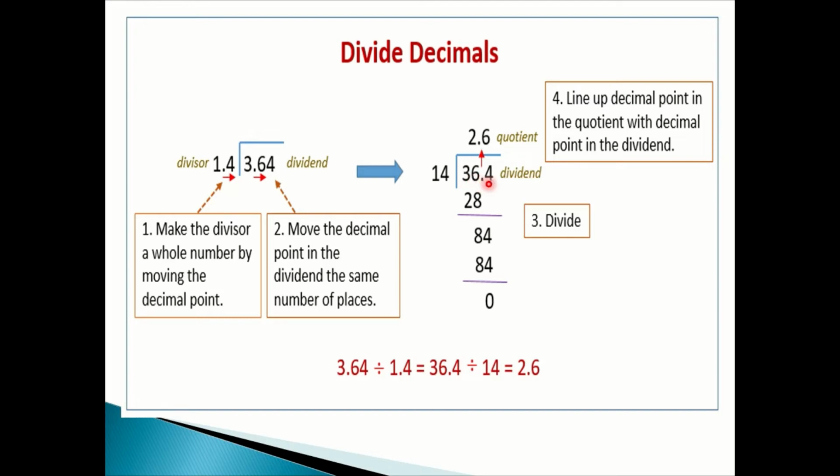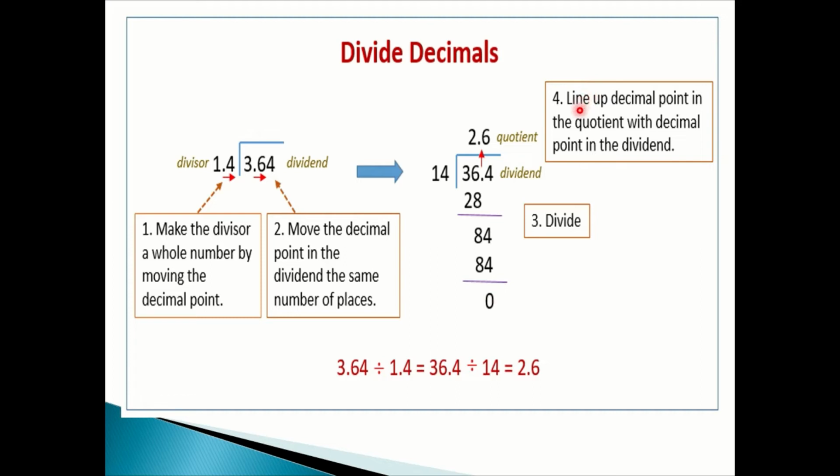Remember that we have here 36.4. Therefore, we also put the point there, 0.6, because we already brought down the point 4. Okay, so I hope you get that point. We write also there 0.6, and we multiply 6 times 14, we get 84, and as we subtract, that's equal to 0.